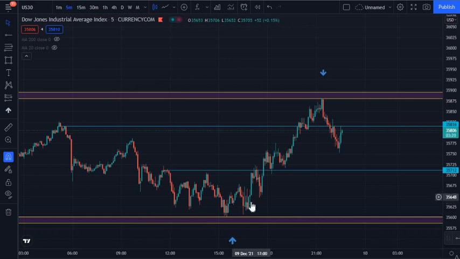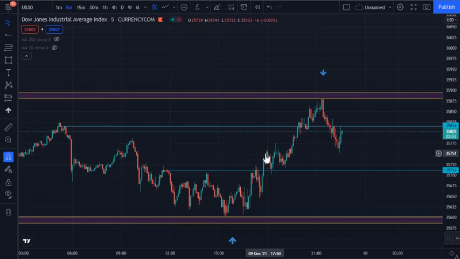I wasn't too sure and I didn't want to enter into a trade yet. For me, the perfect entry was if price breaks this zone over here, that's when I would enter into buys, right? So I waited for price, and I thought I wasn't going to have a trade today, but price played to my advantage, or played to my analysis.